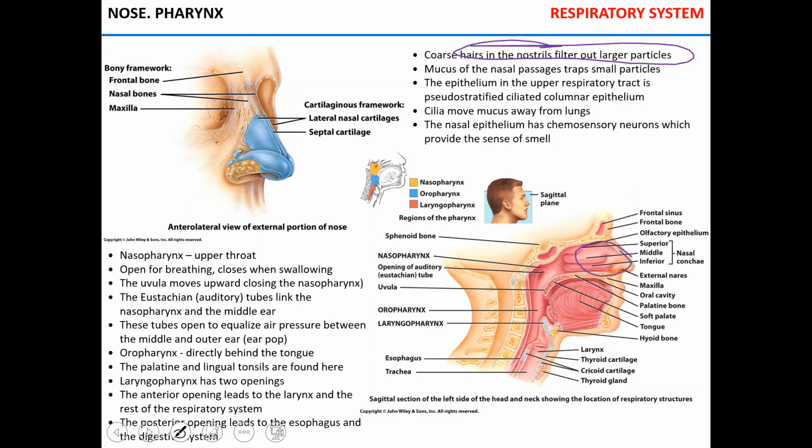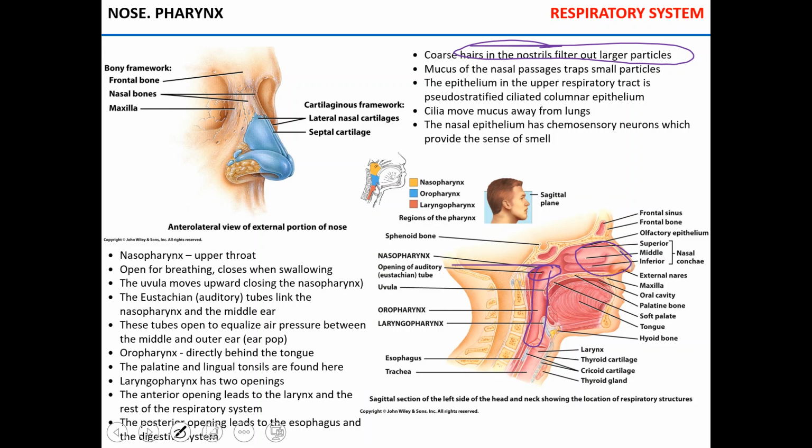When air passes the nasal cavity, it enters the pharynx. Pharynx can be crudely divided into three parts: nasopharynx, oropharynx, and laryngopharynx.